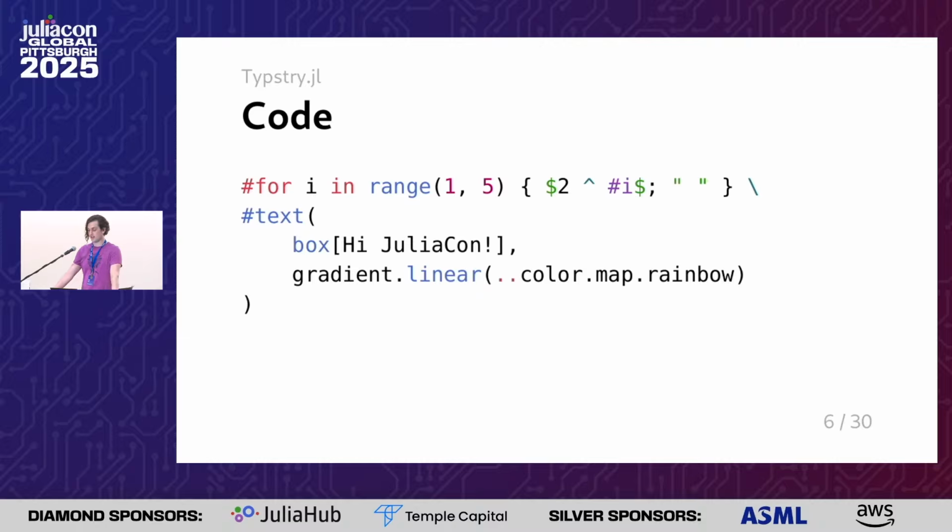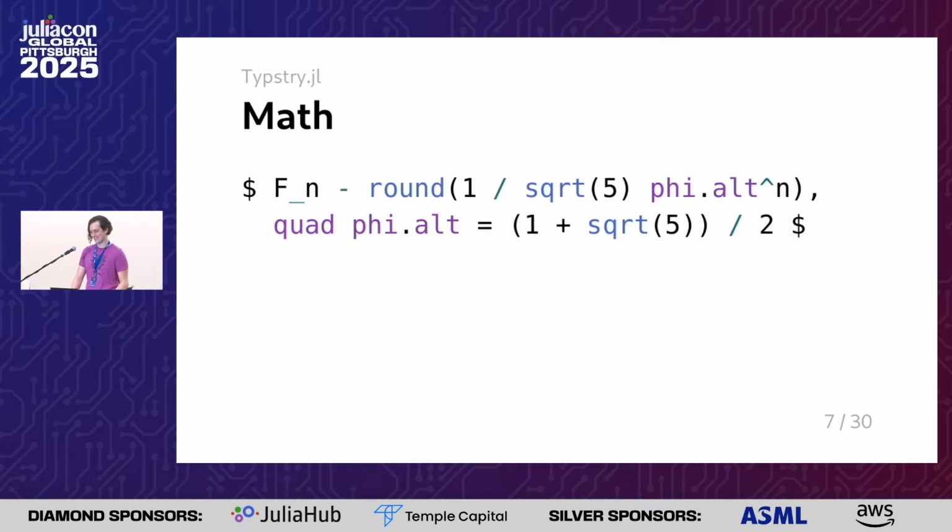In this first line, we have a loop, and in each iteration of the loop, we're rendering some math. And then in the next one, we're creating a text box and coloring it with a color gradient. We can see that here. I personally find this easy to read and easy to understand and use. And it just looks nice.